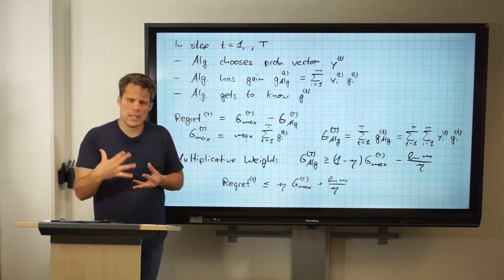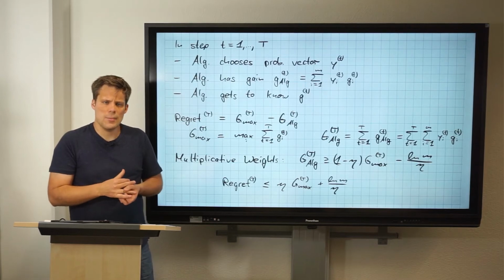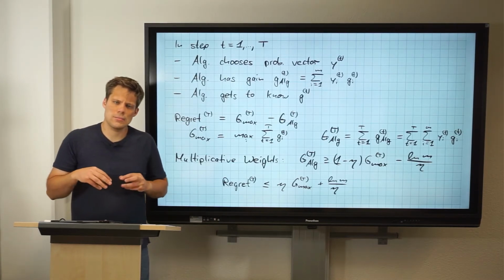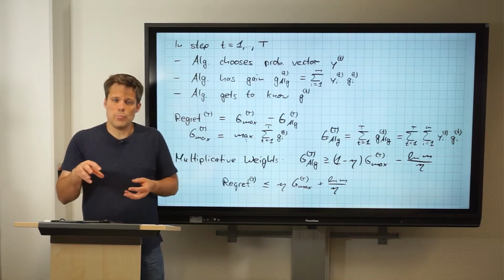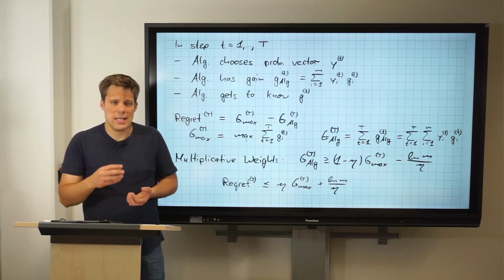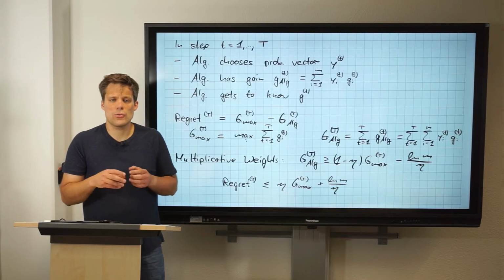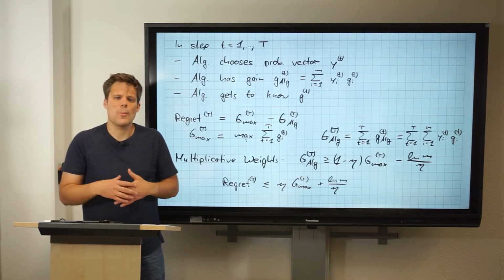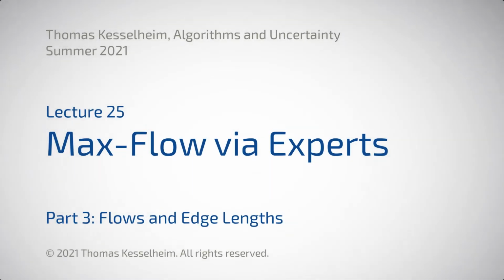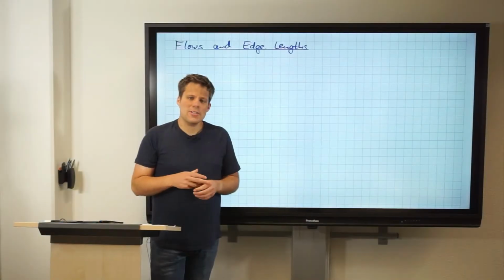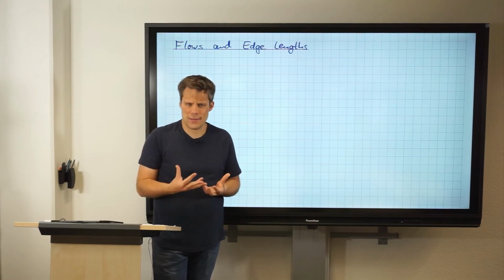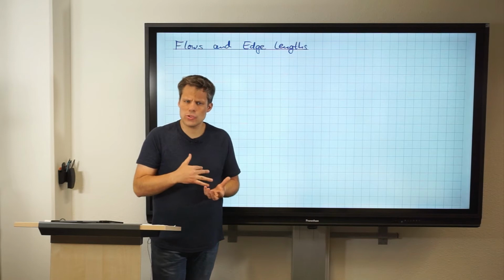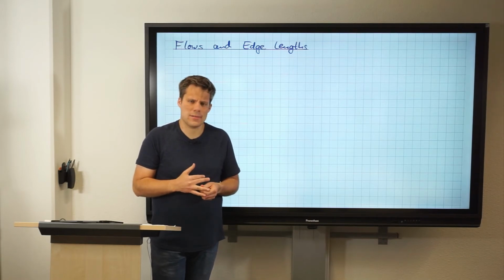Because based on LP duality, we can write down a lemma which helps us state that for a flow to exist, it is necessary that there exist short paths for whatever edge lengths can be chosen. In order to define our algorithm, we will have to use edge lengths, and our algorithm will choose shortest paths according to some edge lengths.